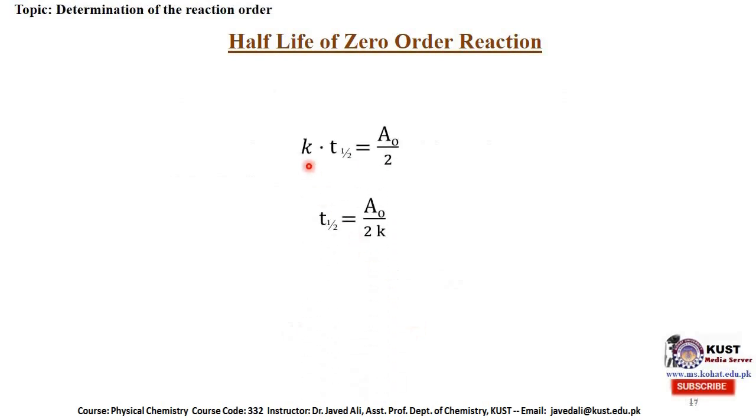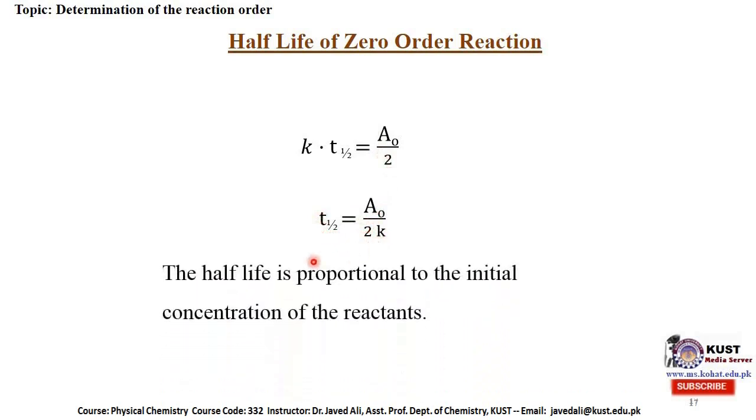We can also write this equation as k t half equals A naught divided by 2, as 0.5 is also equal to 1 divided by 2. By further rearranging, half-life is equal to A naught divided by 2k. So the half-life is proportional to the initial concentration of reactant.